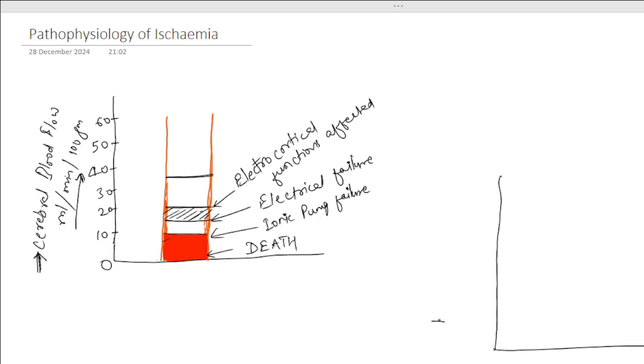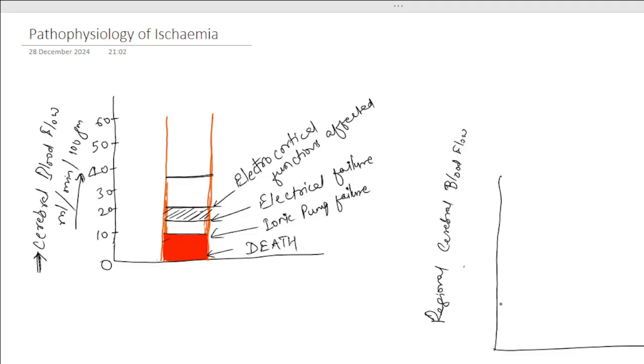So, y-axis, regional cerebral blood flow.